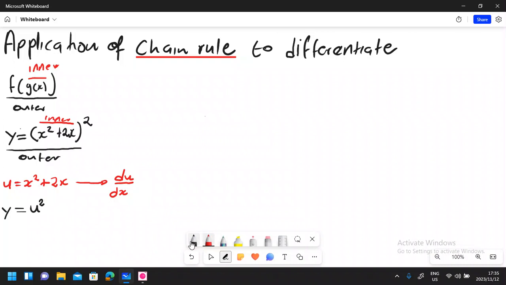Now let's look at the outer. If we find the derivative of the outer, it's going to be y, but this time with respect to u, so it's going to be dy over du. Remember, with respect to u.